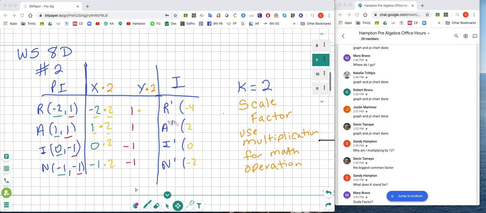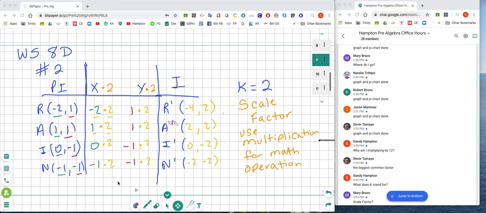So times 2, times 2, times 2, times 2. And now we're going to multiply 1 times 2, which is 2, and 1 times 2, which is 2, and -1 times 2, which is -2, and -1 times 2, which is -2.